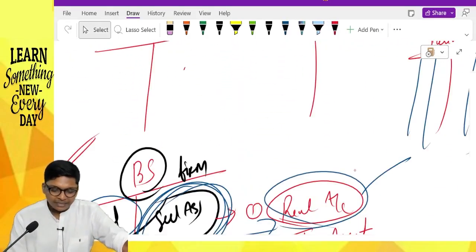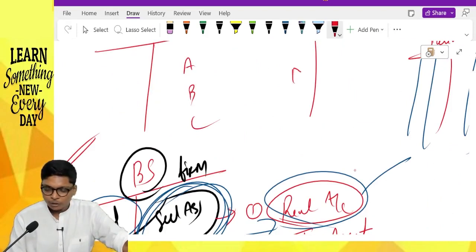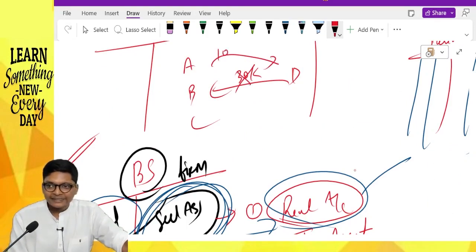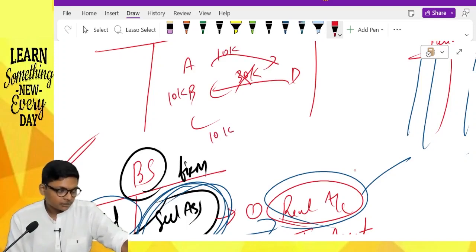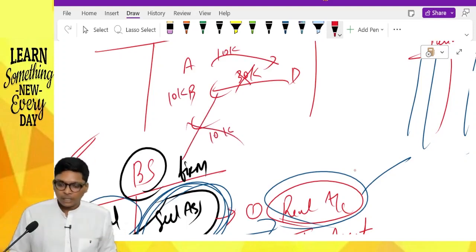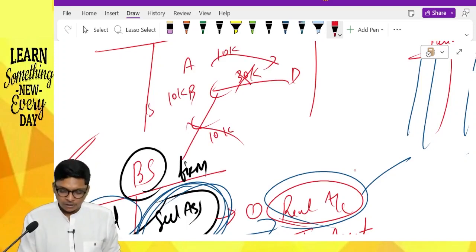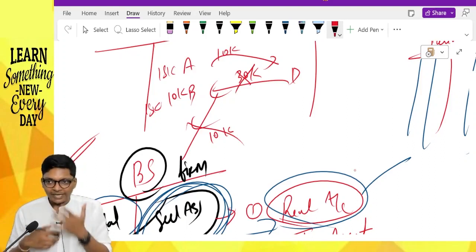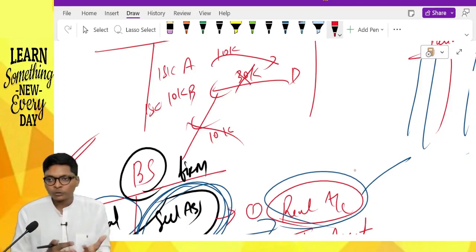I'll give an example. A, B, C took a loan of 30,000 from D. Then if they are not able to pay, A should pay 10,000, B should pay 10,000, C should pay 10,000. C became insolvent. How much will A and B pay? 15,000 each, an extra 5,000. In partnership it's not going to be so simple.